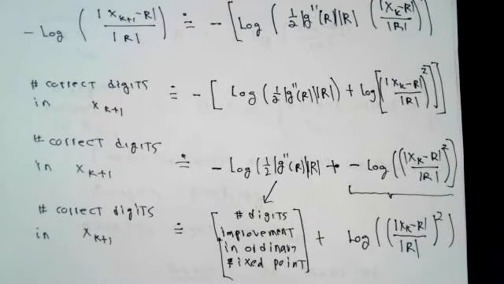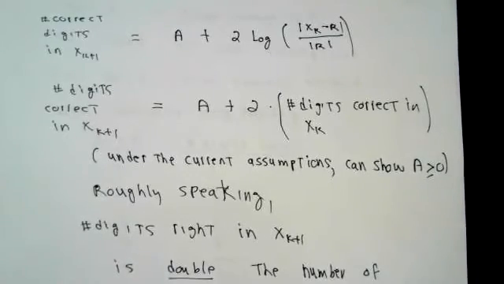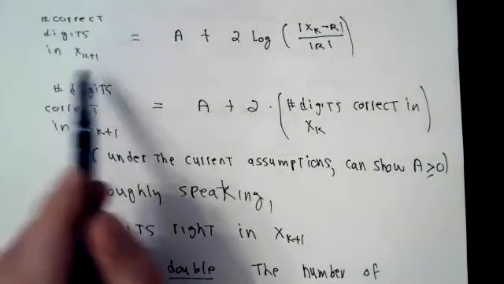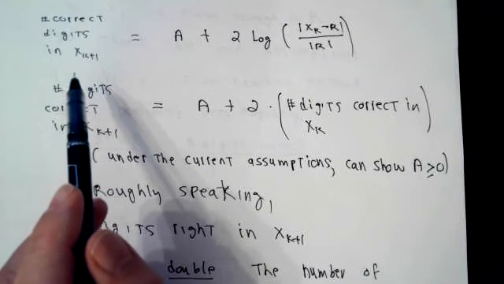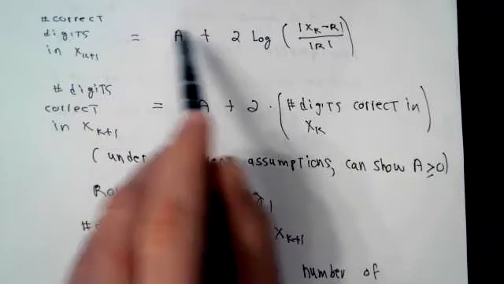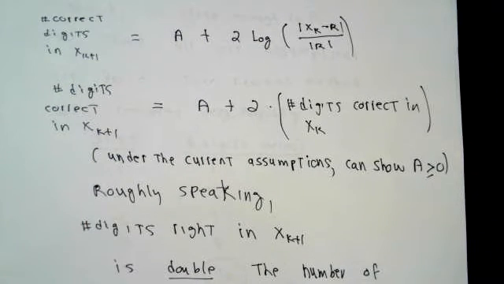and we find out that the number of correct digits at x number k plus 1 is this quantity, which doesn't depend on k, and therefore I'm not going to worry about it very much, plus this part, which I am going to be very interested in. The number of digits that are correct in x number k plus 1, using properties of logarithms, is that term that I'm not going to worry very much about.